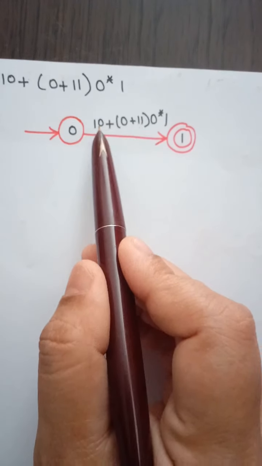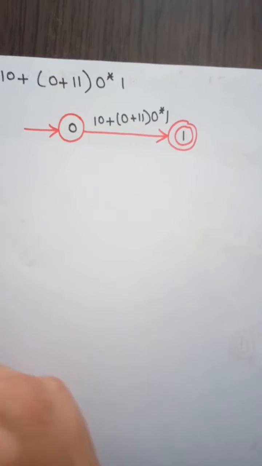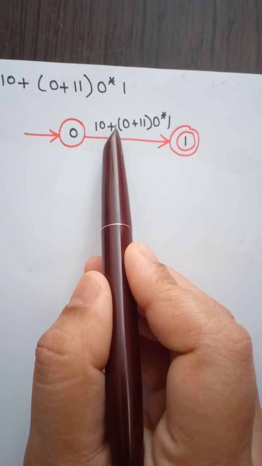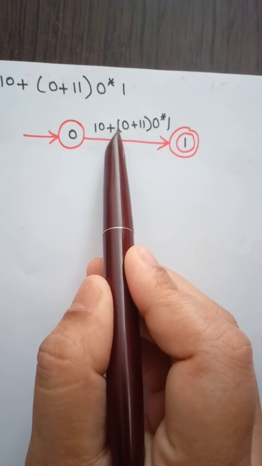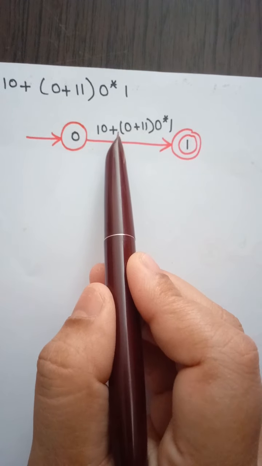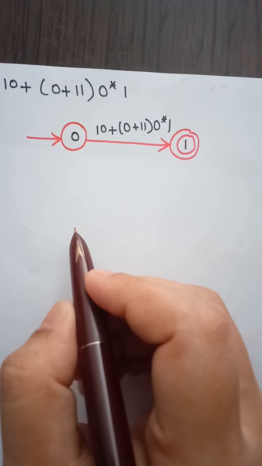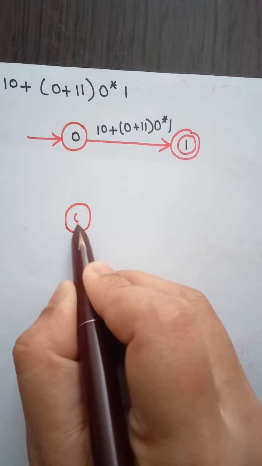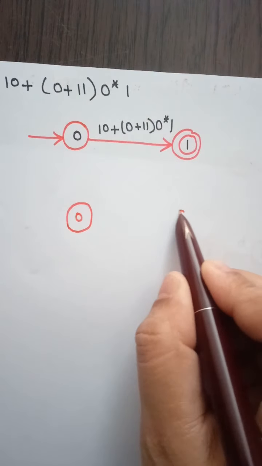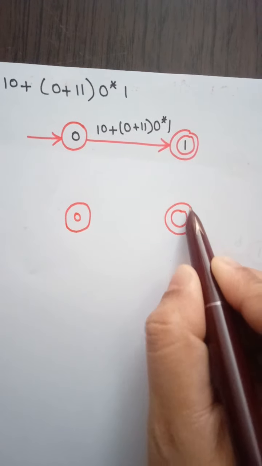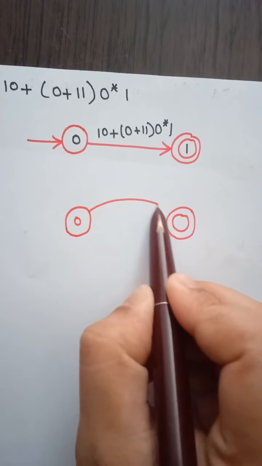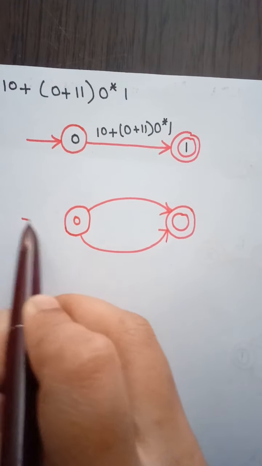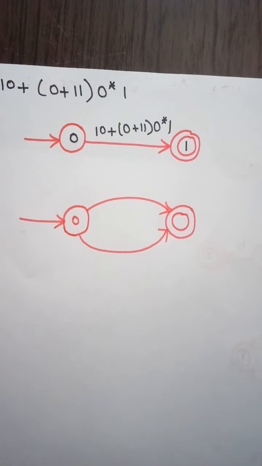So we need to split these two patterns. Okay, so that is what we are going to do now. Since this is a union operator, you can see the plus here. Since it is a union operator, this is how your transition diagram will be.